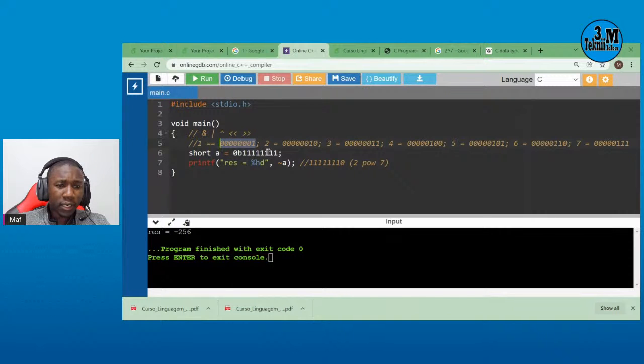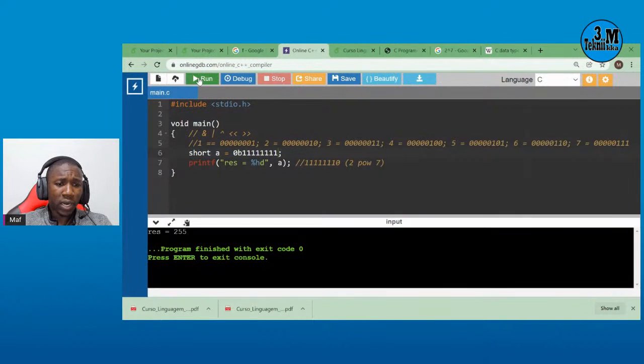If I have only zeros, then we have this -1. Okay, that's fine, because -1 in binary is 0b, 1, 2, 3, 4, 5, 6, 7, 8 all ones.